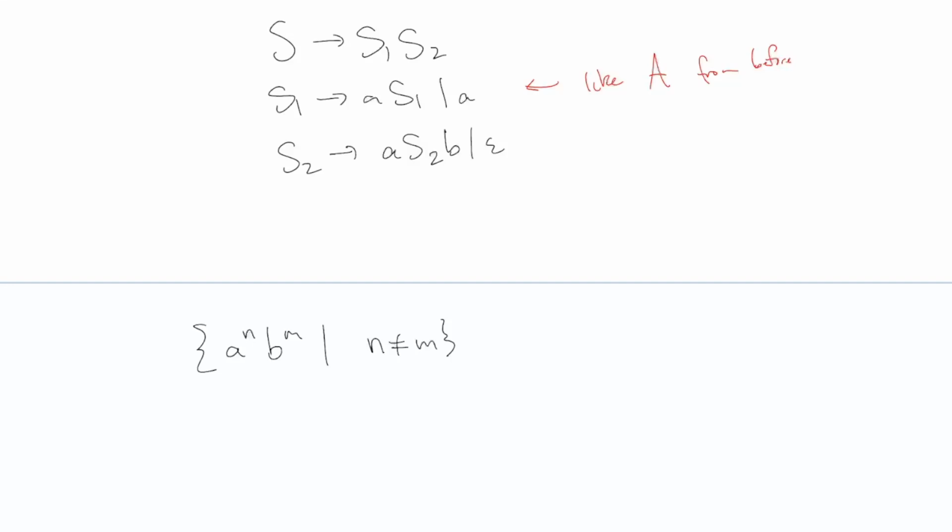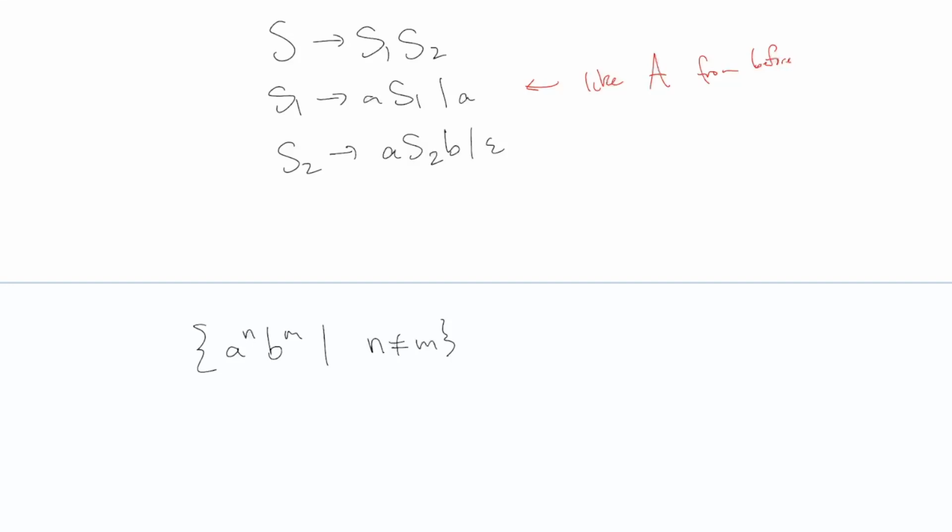The problem with this one is you don't know which one has the extras, right? It just says there's not the same number. But are there extra A's or extra B's? The answer is, well, it could be either way. There could be extra A's or there could be extra B's.